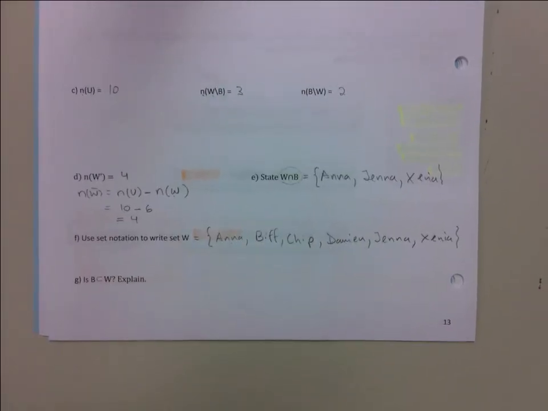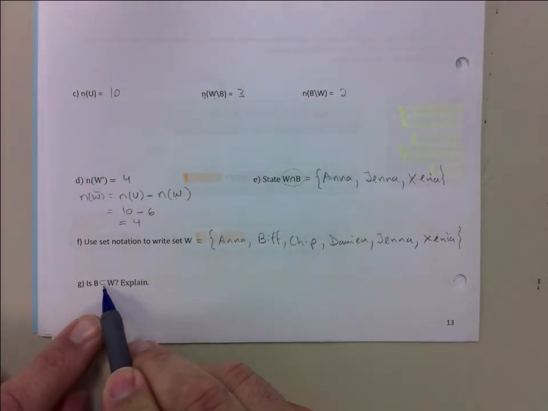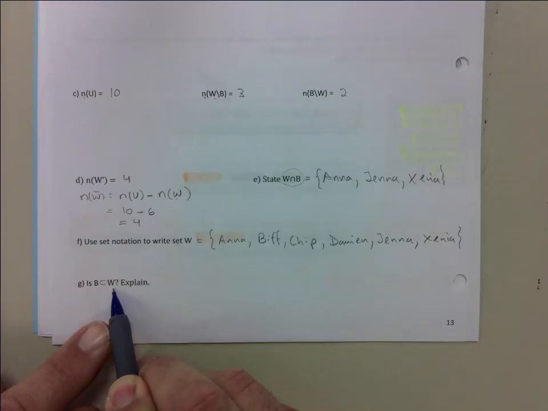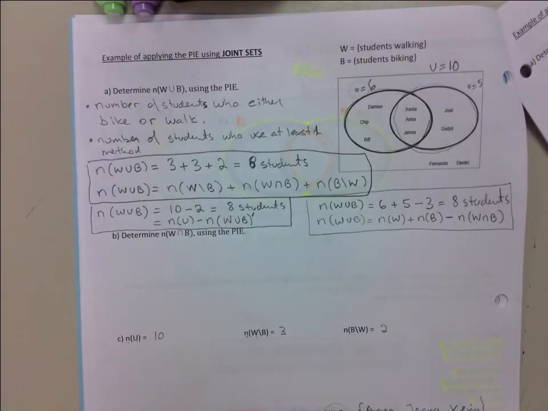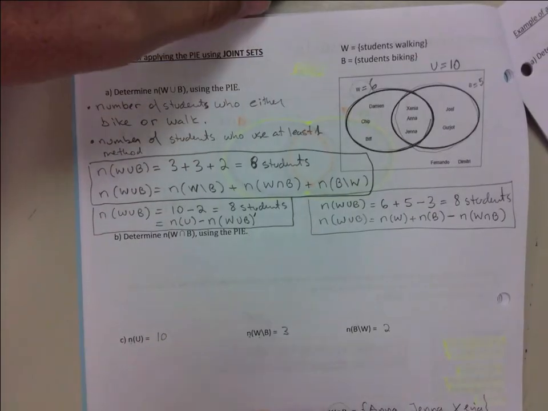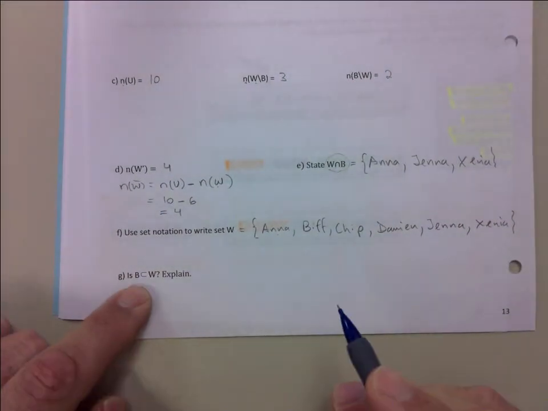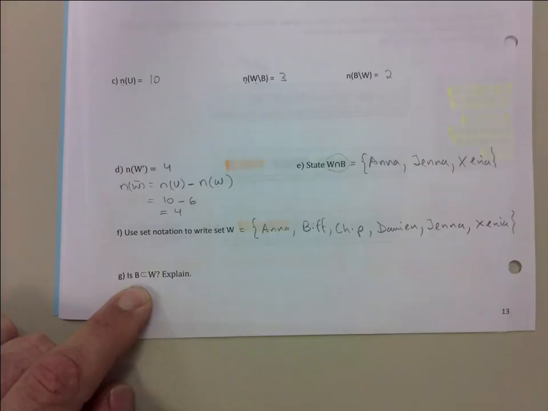Question. Is B, what do we call that symbol? Subset, right? Is B a subset of W? I could have told you right off the bat. When I just look at that diagram, I can tell you no. Because you don't have the nesting, right? You don't have that nested situation. But if you didn't know that, you would just have to look at the elements in each of those sets and say, hey, wait a minute, not all students that bike are also walking, okay?